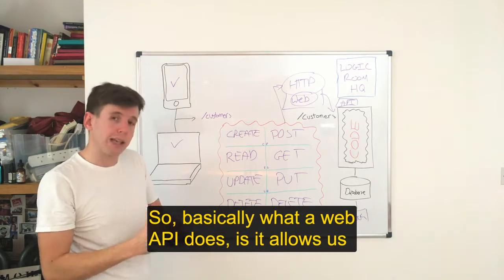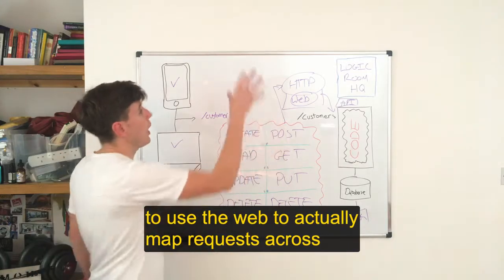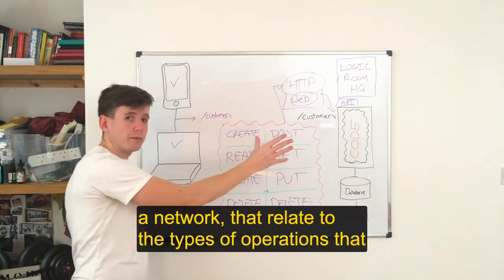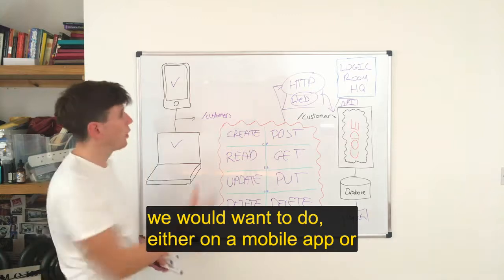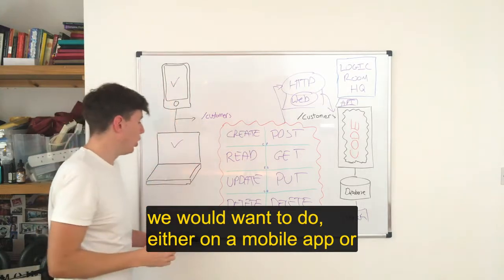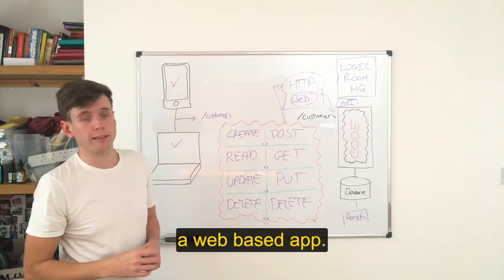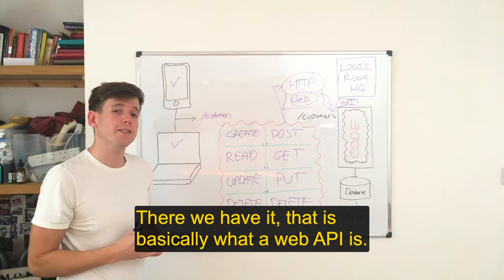So basically what a web API does is it allows us to use the web to map requests across a network that relate to the types of operations that we would want to do on an app, either a mobile app or a web-based app. And there we have it. That is basically what a web API is.